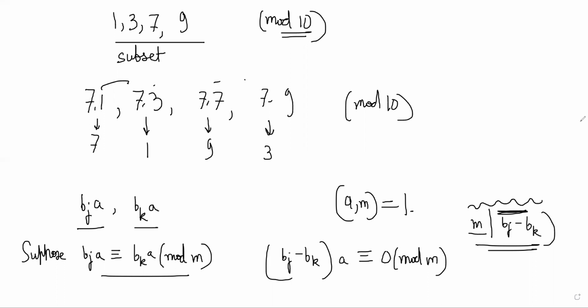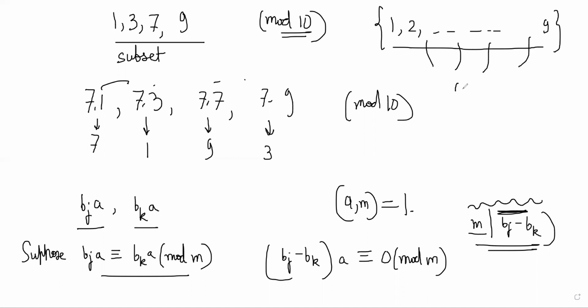What we are saying is, 10 had how many remainders? 1, 2 till 9. Out of these, for Euler's theorem, we are only selecting some which are co-prime to 10. I mean, for any BJA, we don't get 2 or 5 that are not co-prime to 10.